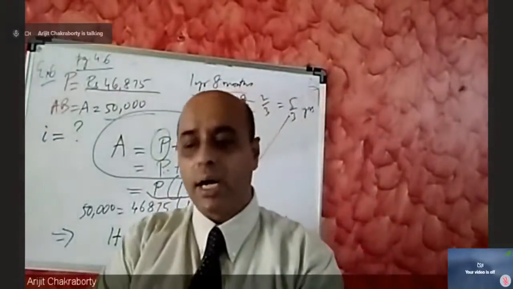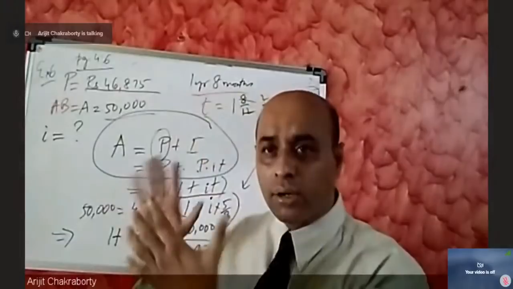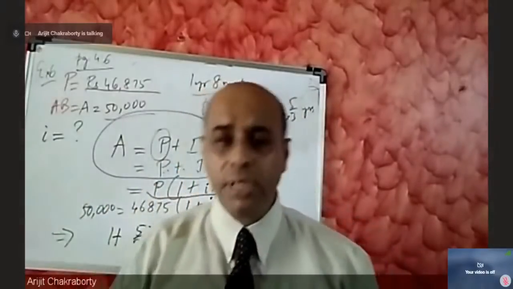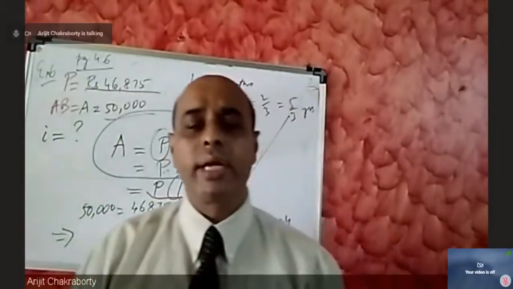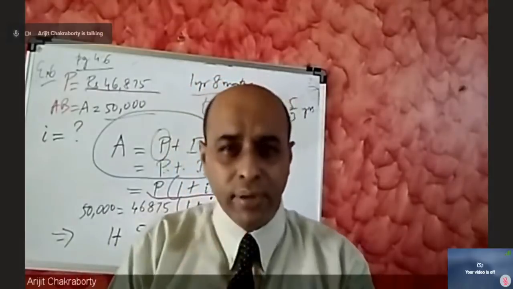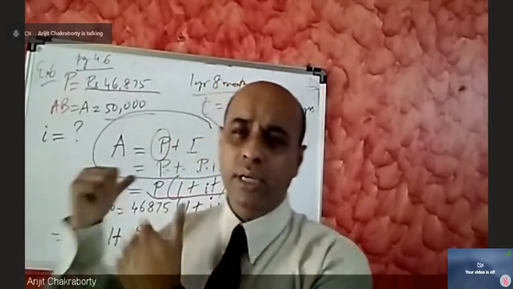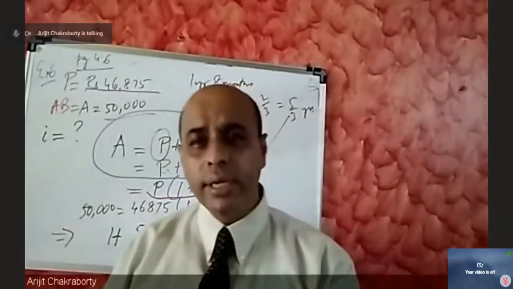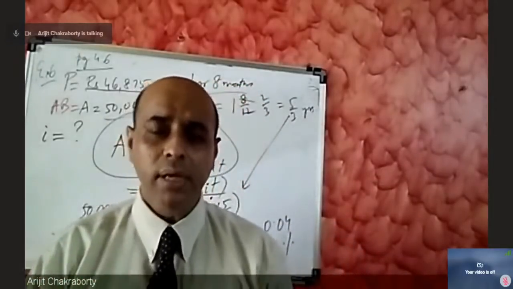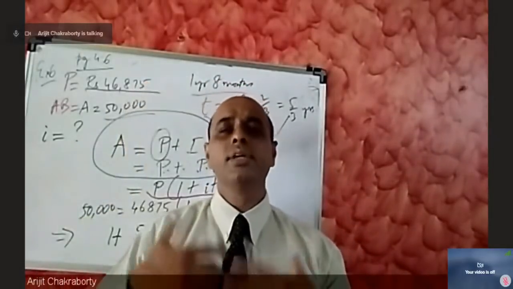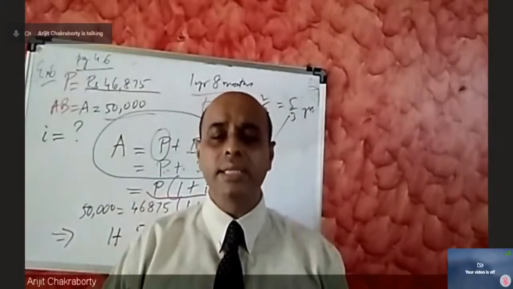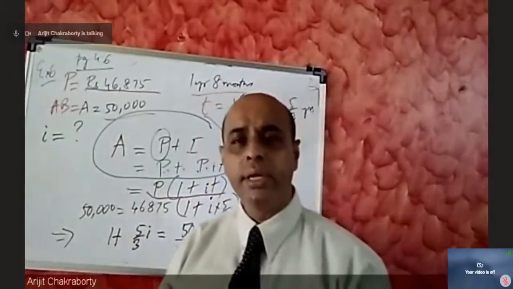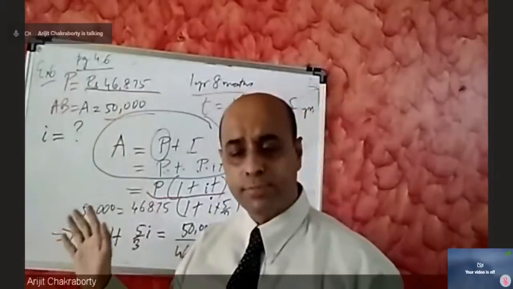Now friends, we are proceeding to the next example. I hope you are able to follow and practice with me. It's a very simple equation dealing with 3 factors: principal, interest and time, and the numericals are very easy in nature, direct application.